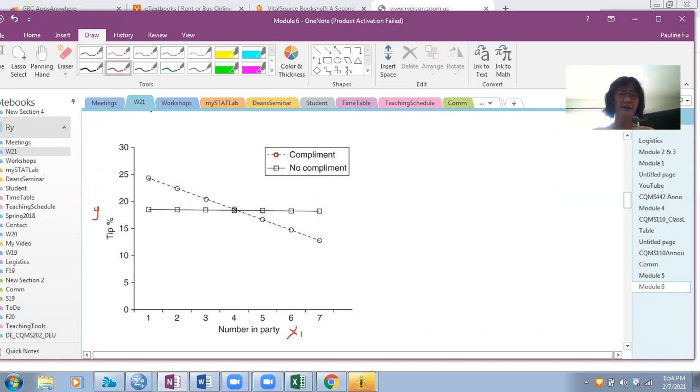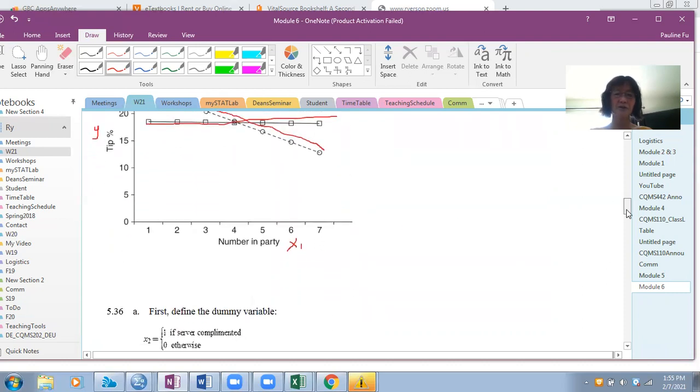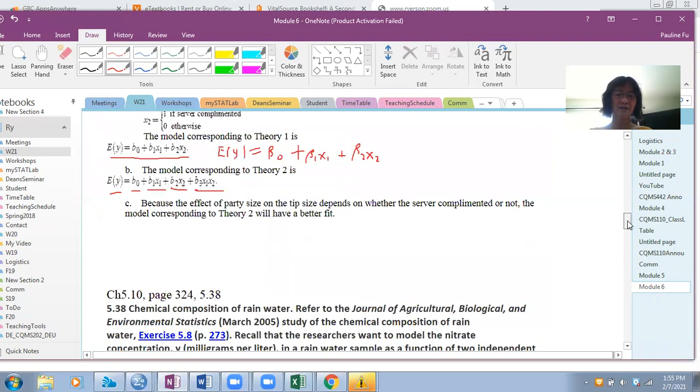As you can see, this line, complement, interacts with no complement. So that means theory 2 holds true based on this diagram. So the model would be the second one.